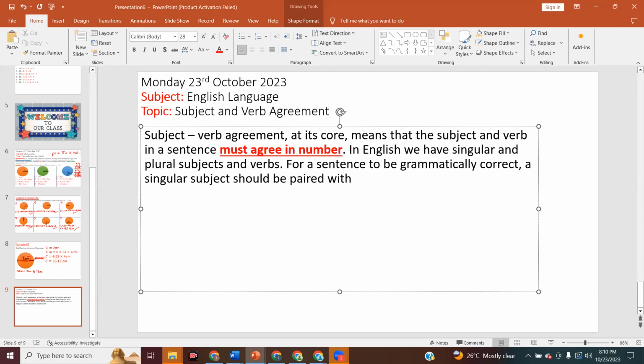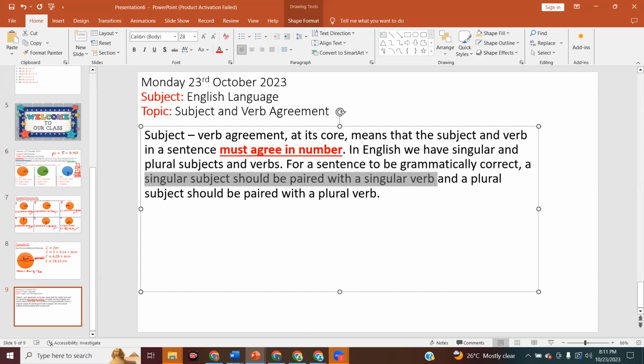A singular subject should be paired with a singular verb, and a plural subject should be paired with a plural verb. So singular subject, singular verb. Plural subject, plural verb. All right.